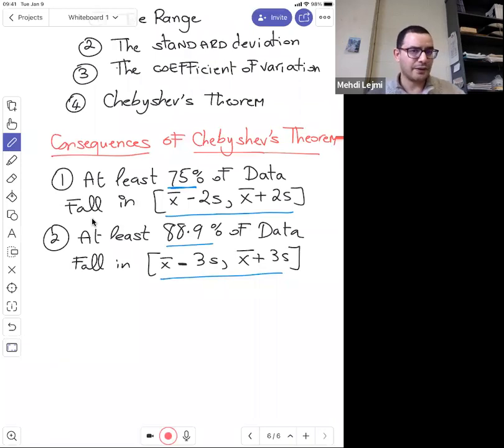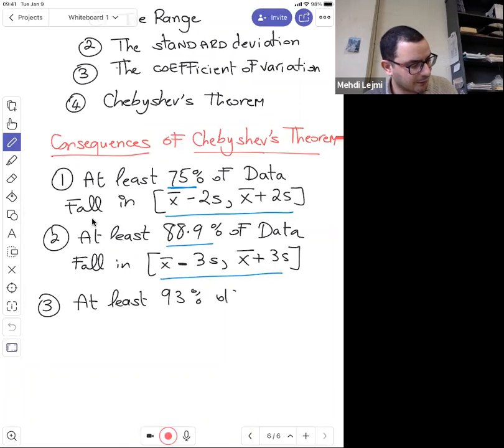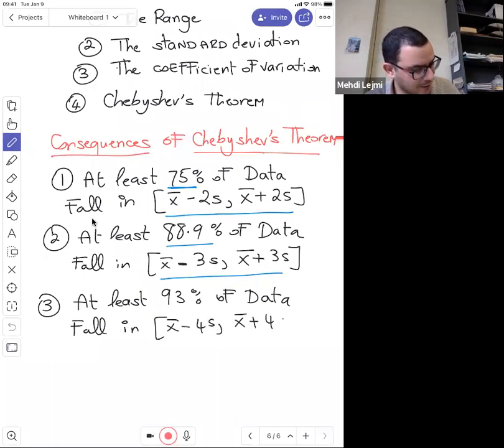The interval depends on the percentage. Another percentage is 93%, which corresponds to data falling in x bar minus 4s, x bar plus 4s.